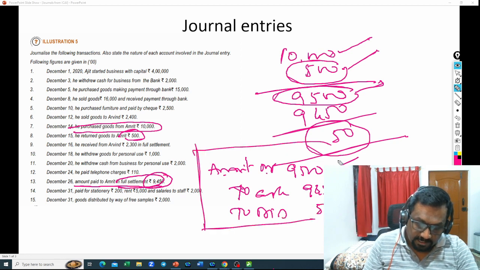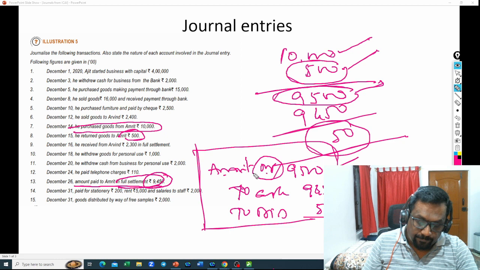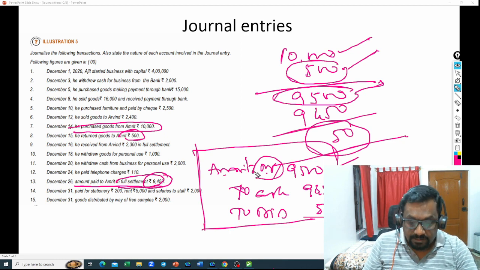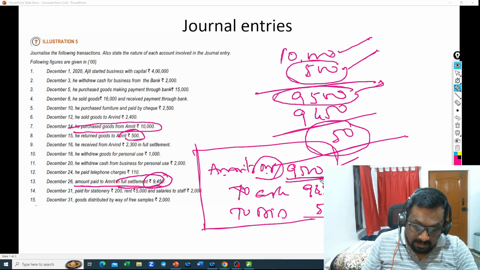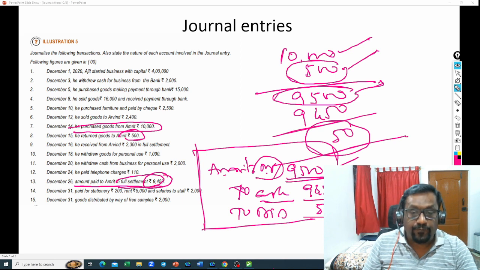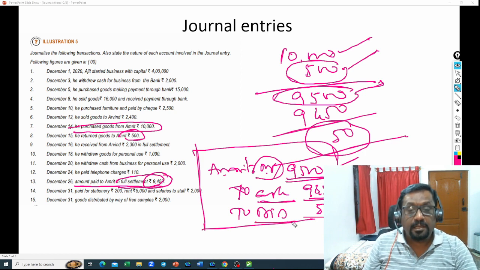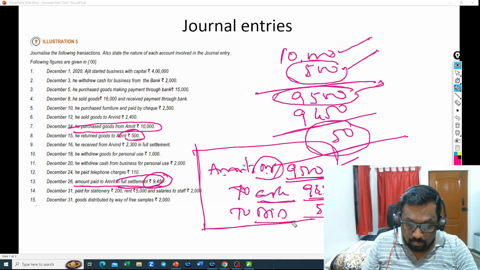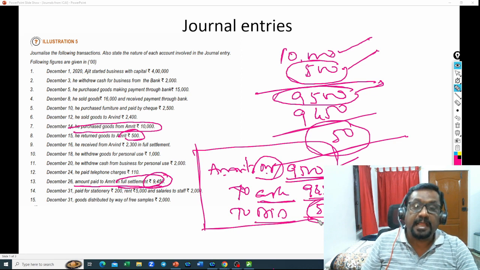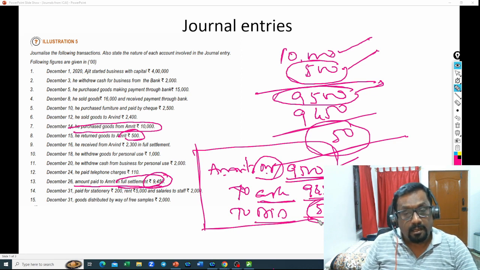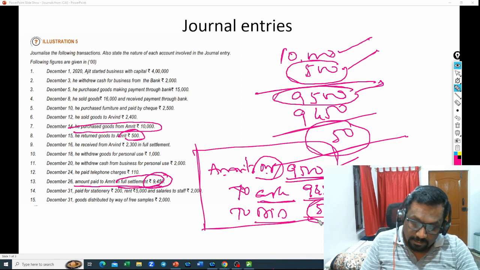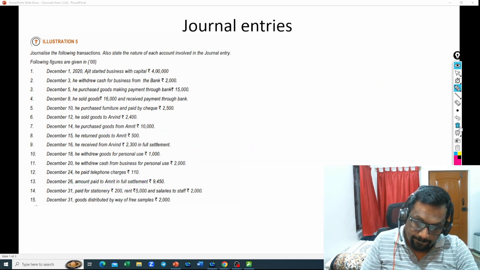This is how the entry has to be posted. Why did we debit Amrit? Because Amrit is the one receiving the cash, hence we debited. Why did we credit cash 9,450? Because we paid only 9,450 to him. And discount received is an income or gain for us, so I credited 50 rupees as a gain in my account. So this is how the entry has to be posted.